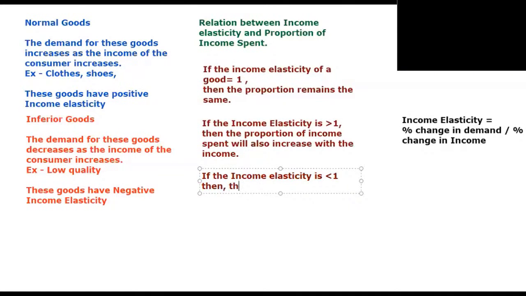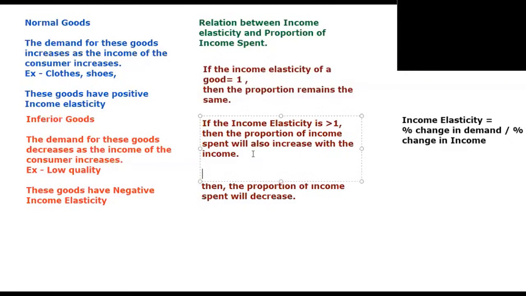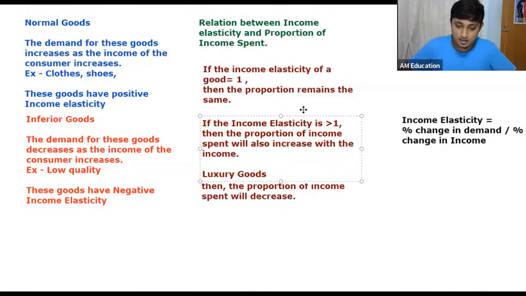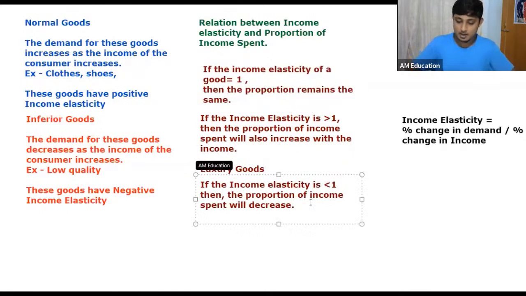The proportion of income spent will decrease as income increases. Right or wrong? And did he give the example of this thing? You remember? Luxury goods. Exactly. With luxury goods, this thing only will happen. Right? And what about these things? Necessities.